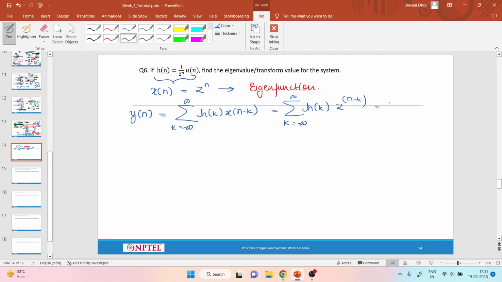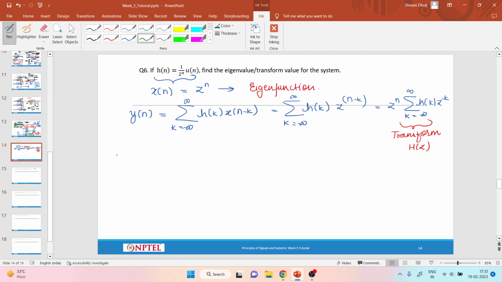This comes out to be z power n summation k from minus infinity to infinity h of k z power minus k, and this is your transform. Let's say this is H of z.